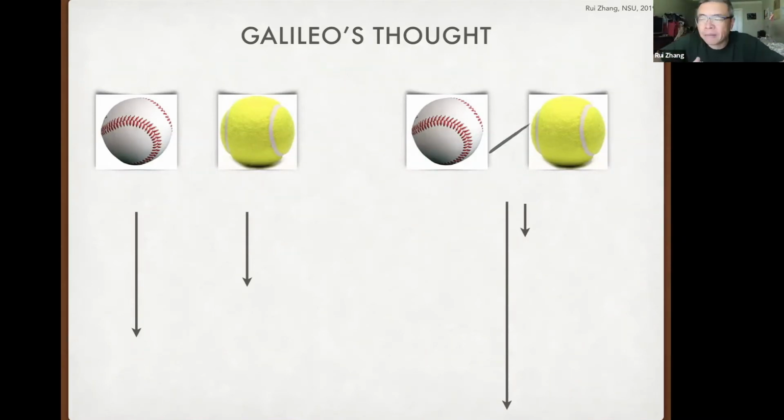So from there, Galileo thought that there might be something wrong. Maybe this hypothesis that a heavy object goes faster is wrong. And at that point, he decided to do the experiment. I think this kind of argument, by setting it up, is really smart.